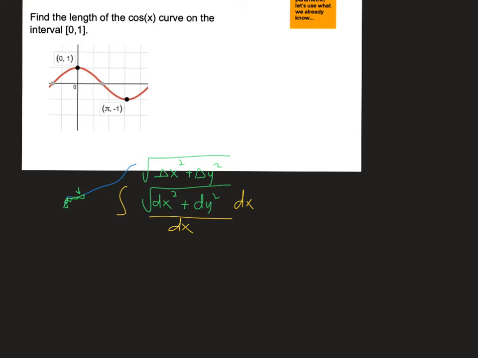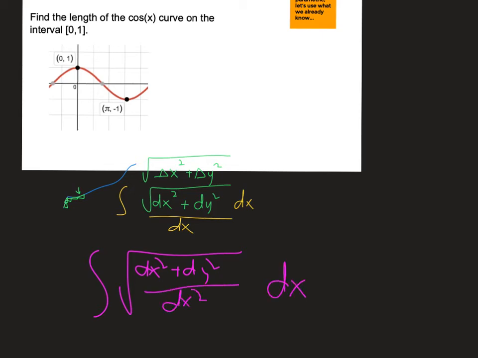And then we got things inside the integral, inside the square root. So we called that dx squared plus dy squared over dx squared with a dx on the outside. And then we could simplify: 1 plus dy dx squared dx.